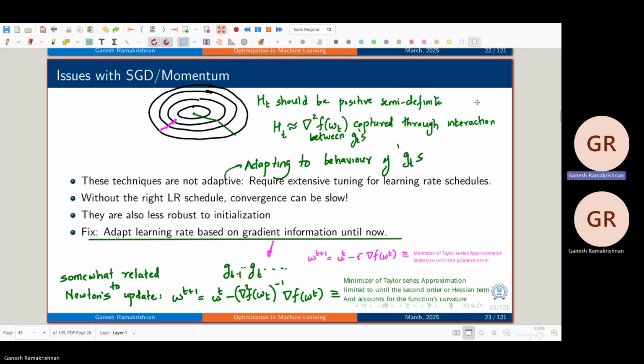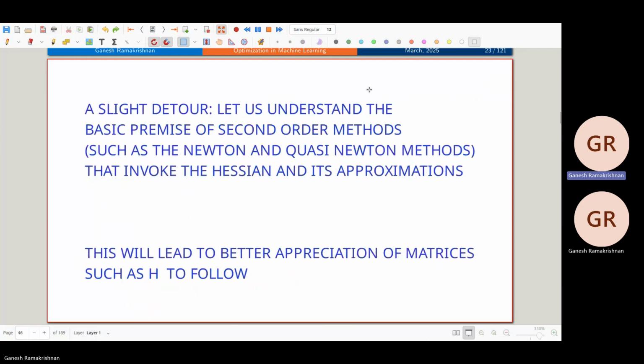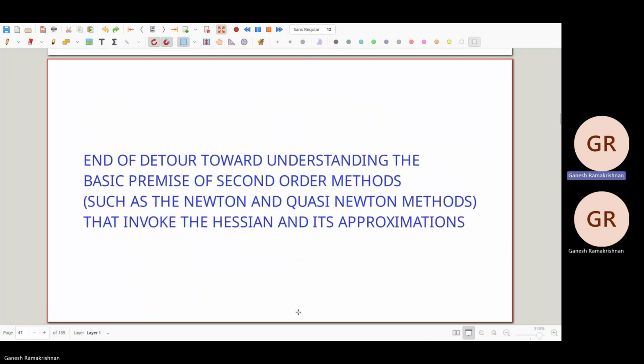Okay, so let's just take a small detour and then we'll conclude for today. This is a very simple approach. And in fact, it gave rise to many other approaches, quasi-Newton approaches, like L-BFGS. That's a quasi-Newton approach. It's inspired by Newton's approach. And that will also lead to better appreciation of matrices, which are used extensively in these adaptive learning rate based approaches. Okay.